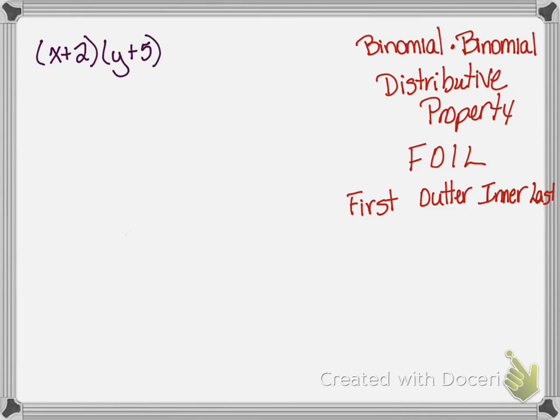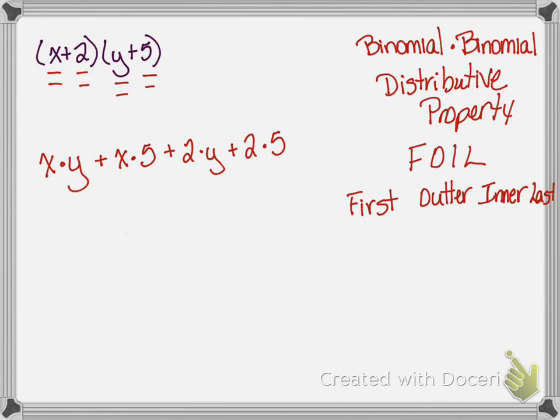So I'm going to do my first terms. So I have x times y. That's my first. My outer is x times 5. My inner is 2 times y. And my last is 2 times 5.